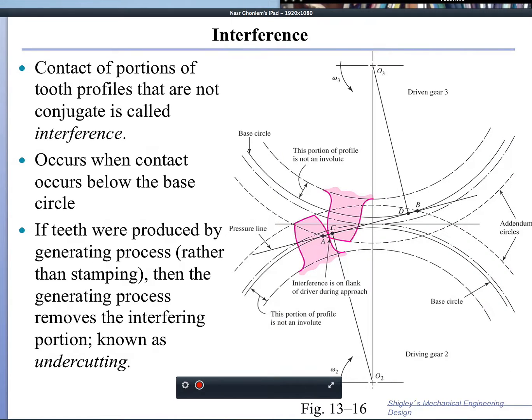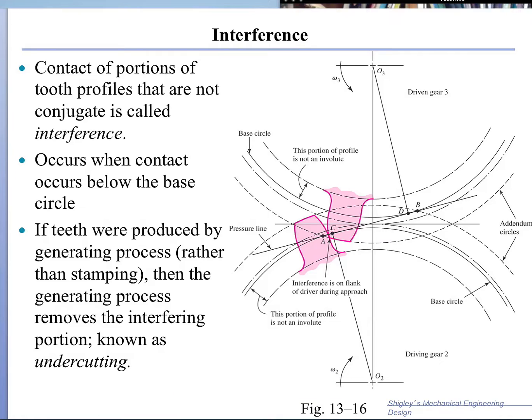So in order for us to select the minimum number of teeth in a gear, we must look at the idea of interference.